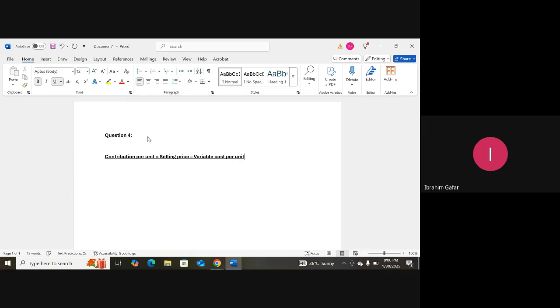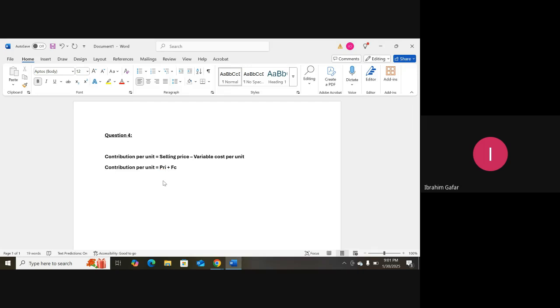That's what I explained. If you want to get your contribution, you can use this as your formula. And also, I explained further last week that my contribution can also be the profit plus fixed cost. I said I can also get my contribution that way.